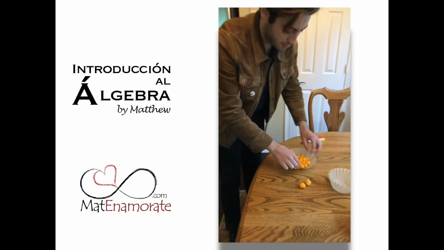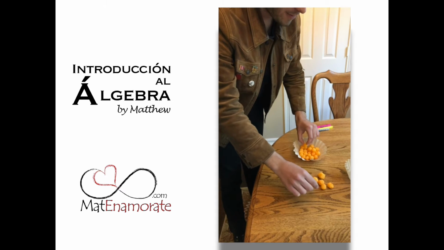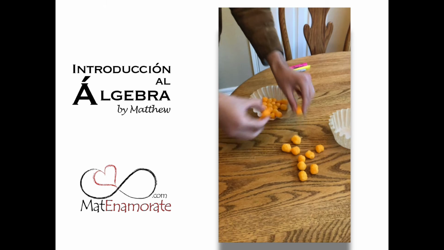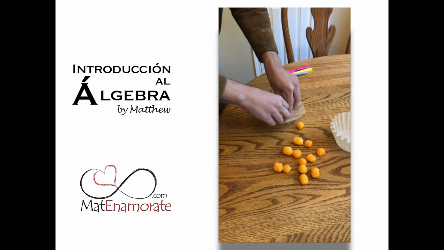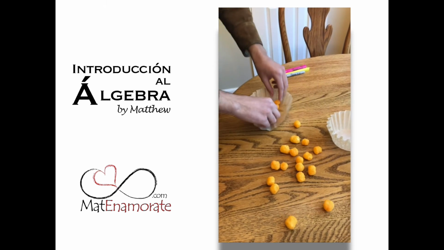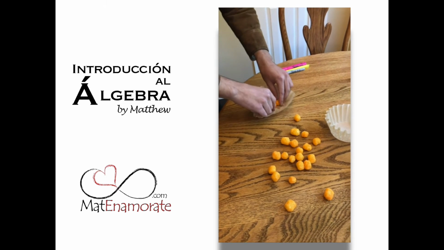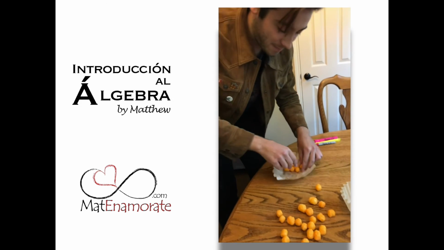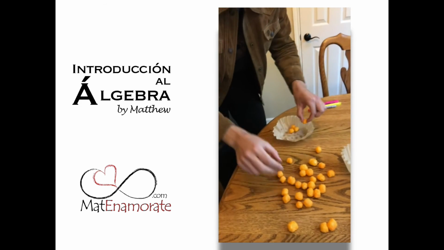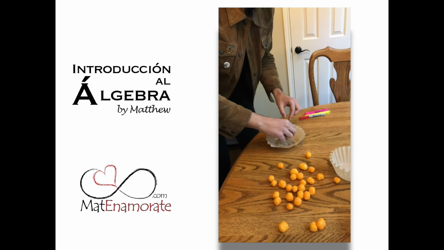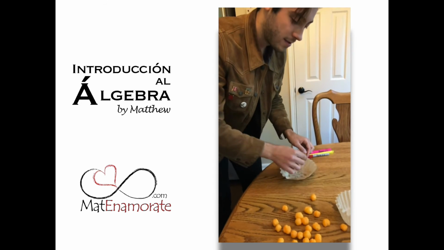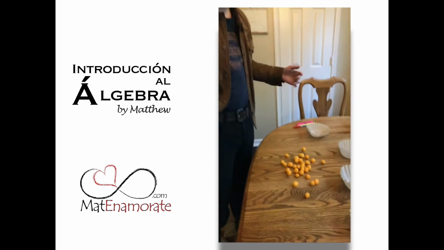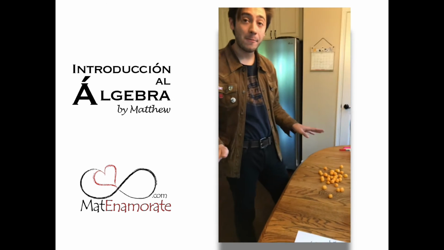We have 1, 2, 3, 4, 5, 6, 7, 8, 9, 10, 11, 12, 13, 14, 15, 16, 17, 18, 19, 20, 21, 22, 23, 24, 25, 26, 27, 28, 29, 30 cheese balls.